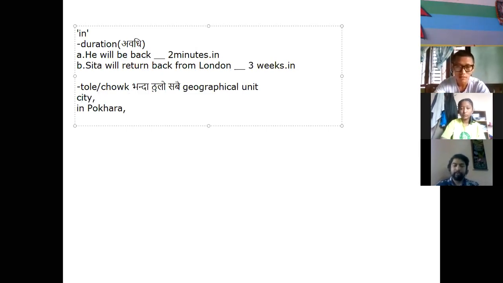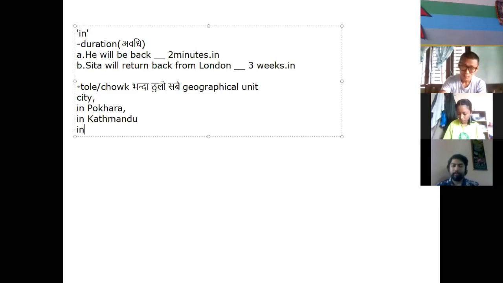District, right? In Kathmandu, being a district. And in Surkhet. Greater than district is province. In Province Number 1, in Karnali Province, in Bagmati Pradesh.